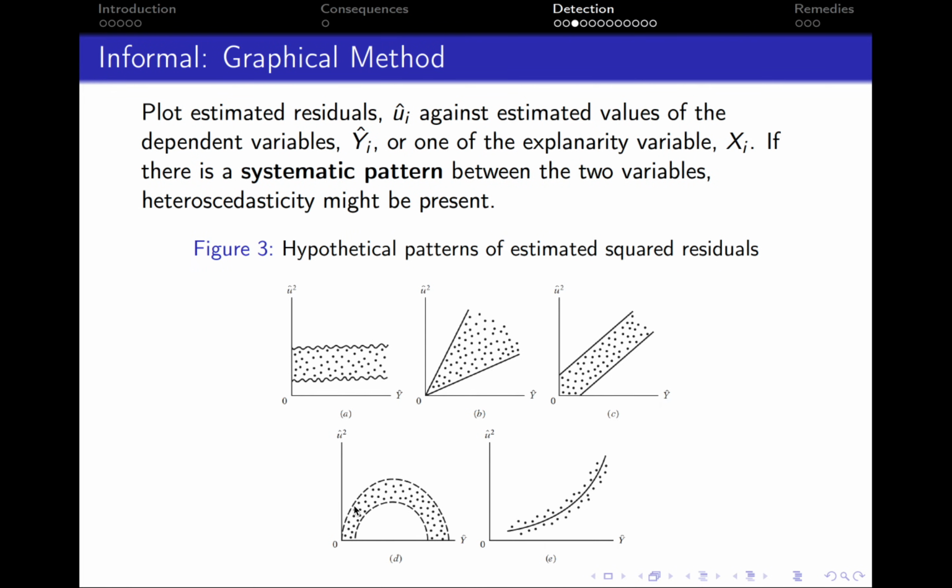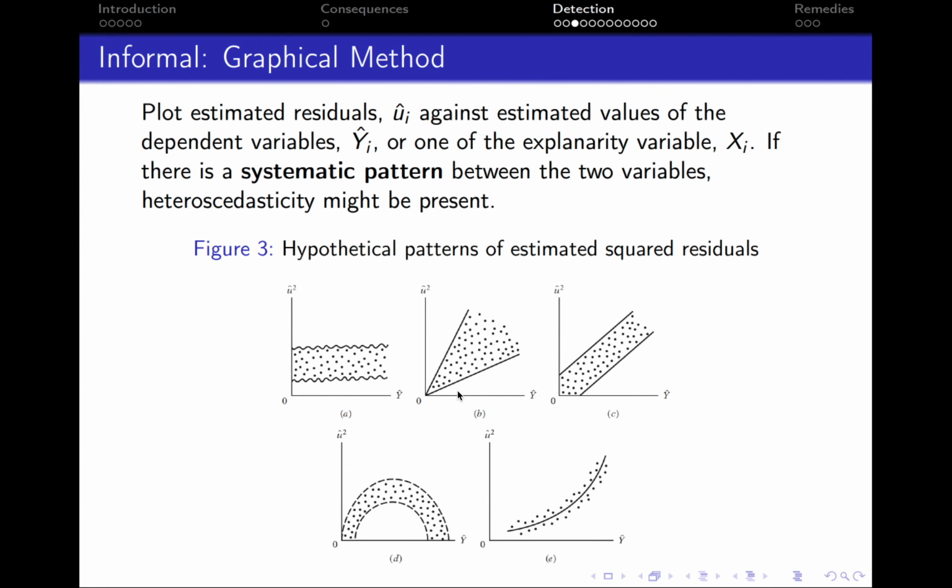And let's have a look at this figure. Those are the hypothetical patterns of estimated squared residuals. For example, if you look at graph A, this is a normal case. Here there is no systematic pattern because we see that the residuals are quite random.